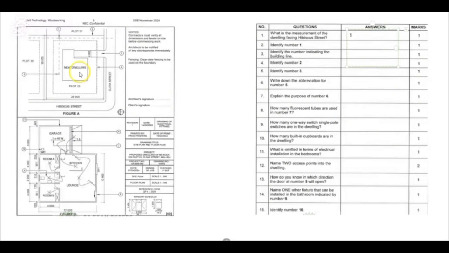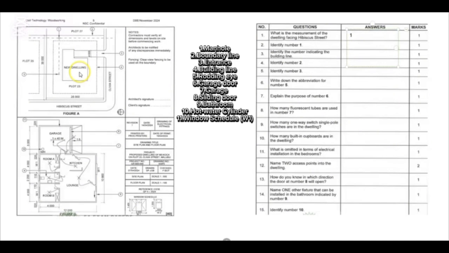Looking at figure A, let's start with the numbers you see on the site plan. Number one, that circular symbol near the street, that's a manhole, sometimes written as MH. It allows access to underground drainage. Now let's go to number 2.